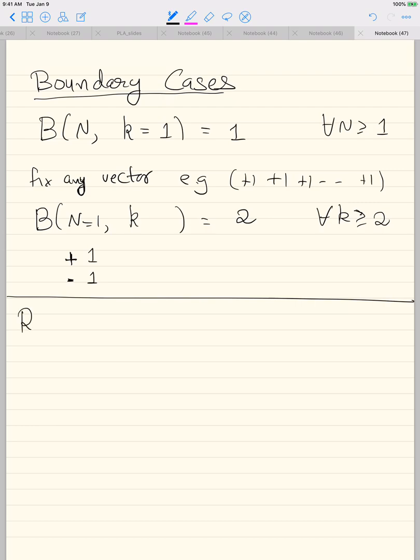Now we will do the recursion. And for recursion, just intuitively, it is always good to associate this with a dichotomy set.